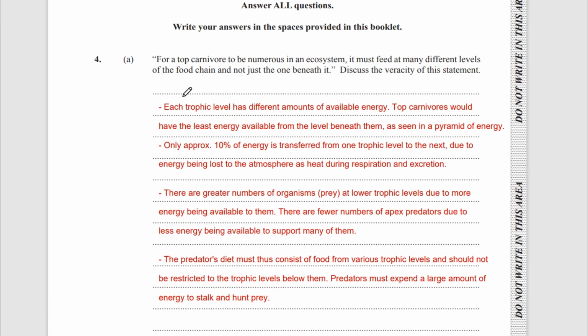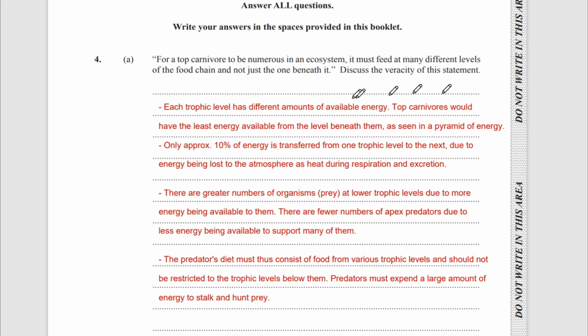A trophic level, when you have a food chain, and let me say you have a food chain that is lettuce, rabbit, hawk. The hawk is at the top of the food chain, and that would have the least energy available, and the lettuce would have the most because it is the producer. So each trophic level, which is like a feeding level, has different amounts of available energy.